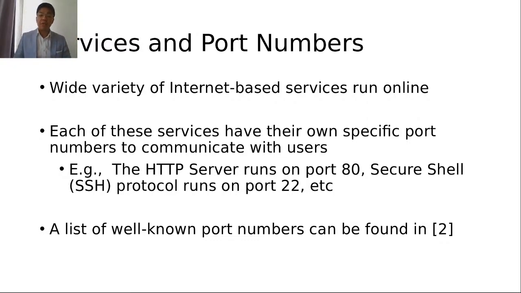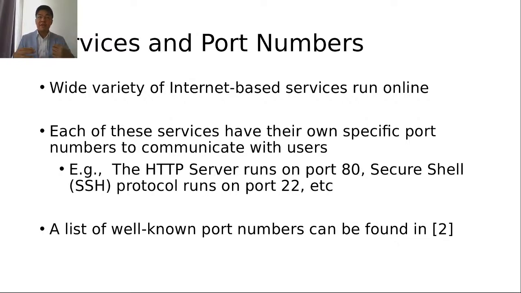So for example, an HTTP server, in other words a normal web server, runs on port 80. By the same token, SSH, which is used for remotely connecting to a server or a remote machine in the cloud, runs on port 22, and so on and so forth.